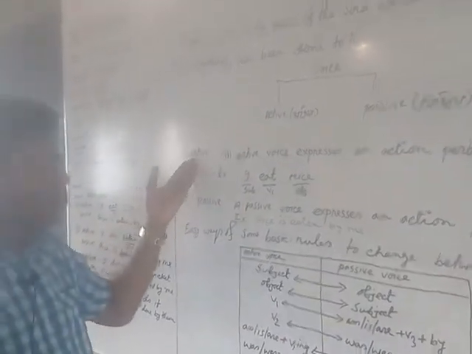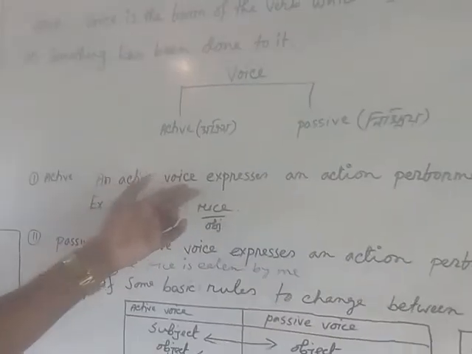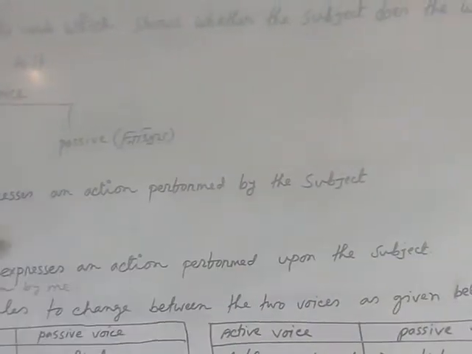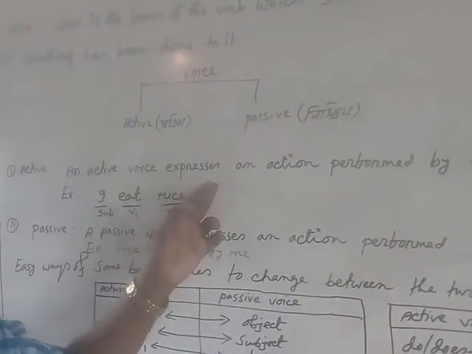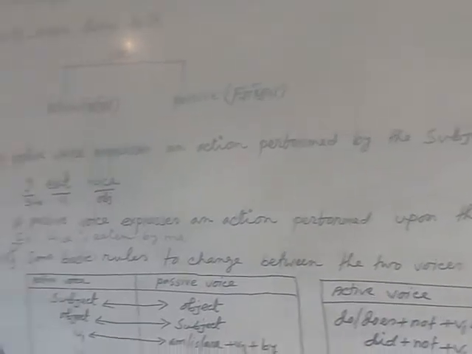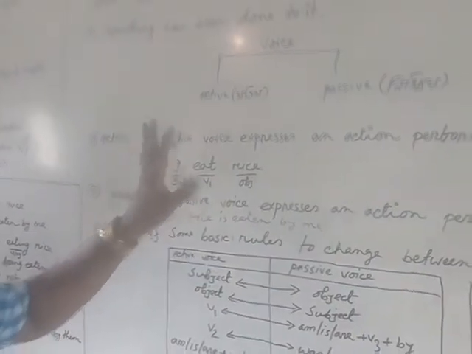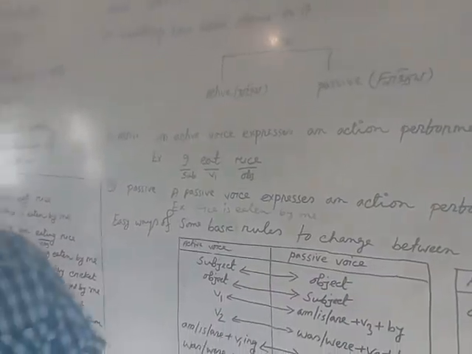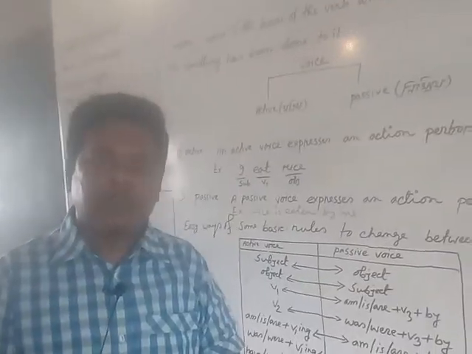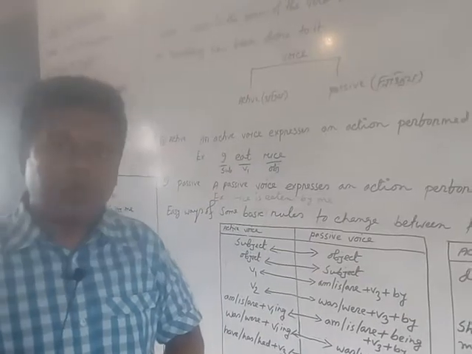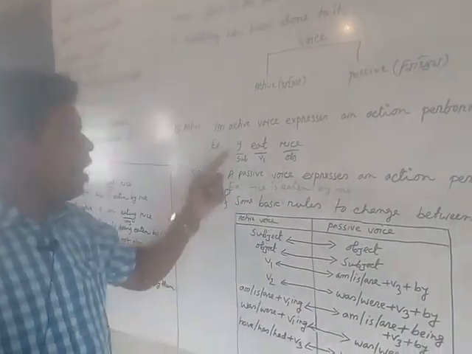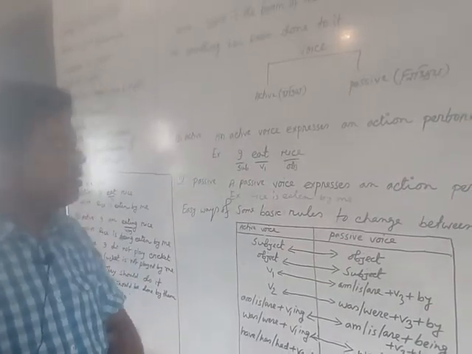What is active? An active voice expresses an action performed by the subject. In Bangla, active voice সেই ভয়েস যেখানে সাবজেক্ট কর্তৃক কাজটি সম্পন্ন হয়ে থাকে। Example is I eat rice.